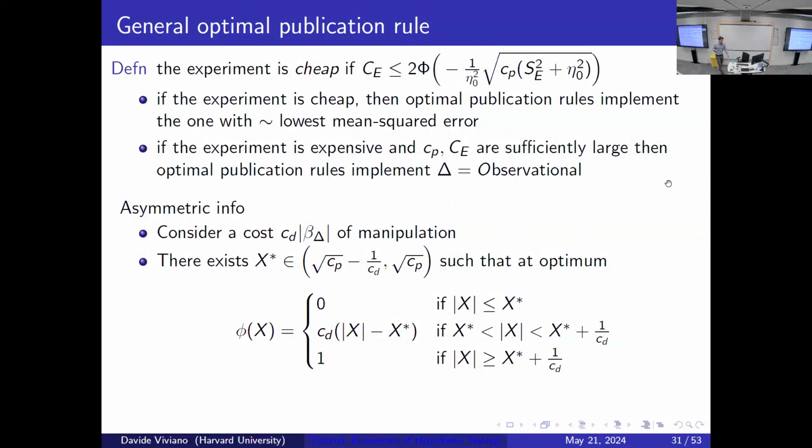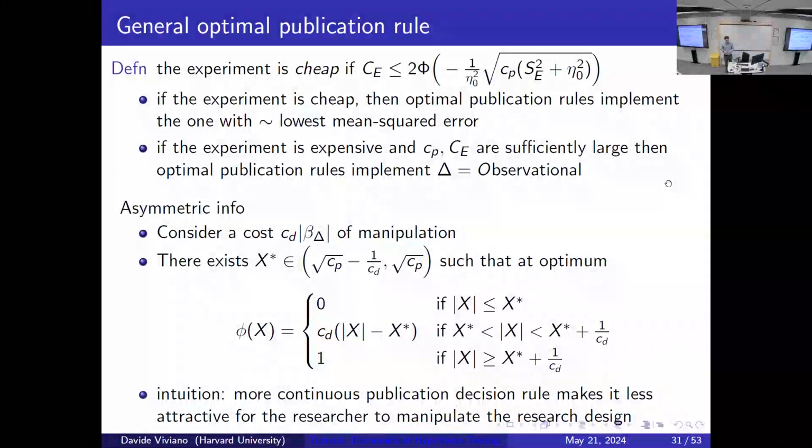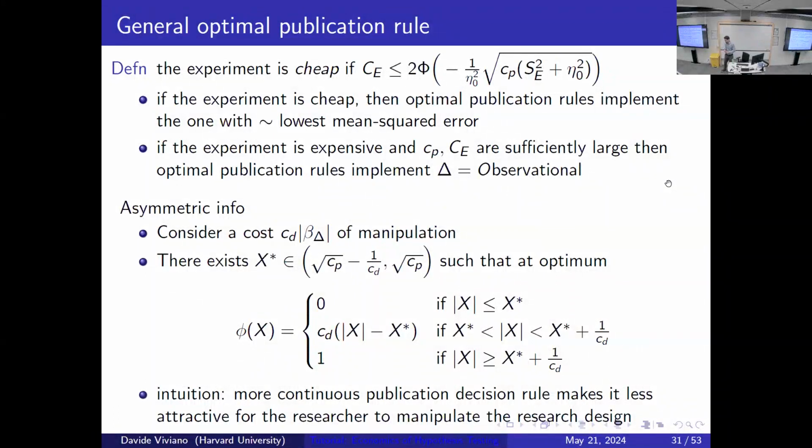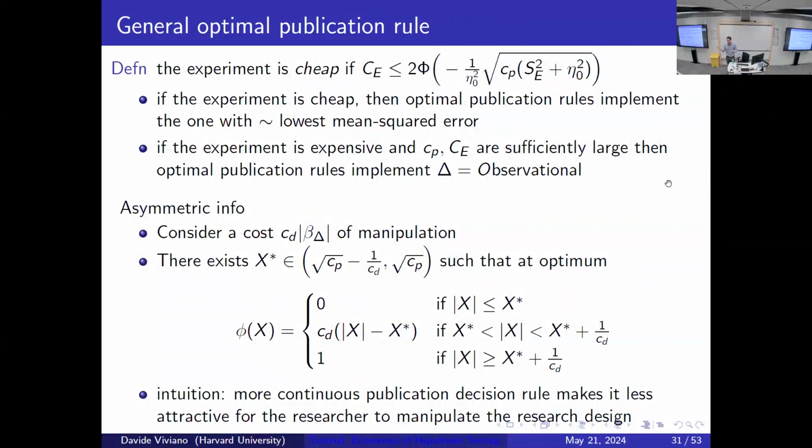The reason why I want to randomize is because I want to smooth the publication decision rule. Another interesting feature of this result is that in equilibrium there are going to be some studies with some bias, because for some values of these studies, it's better to add some bias rather than decrease too much the publication probability.